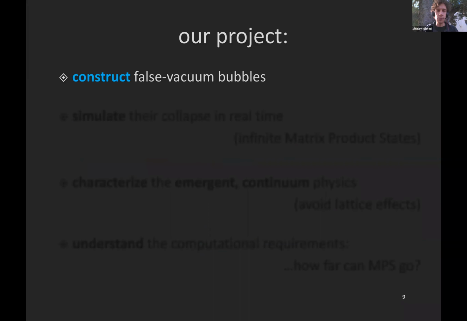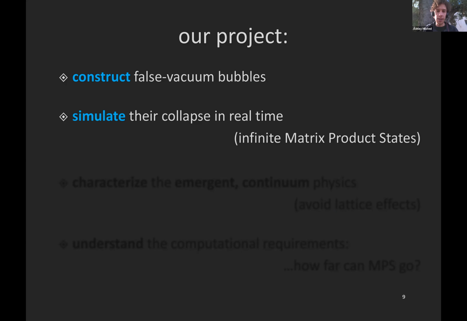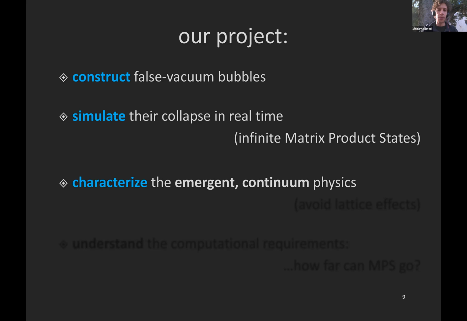So our project is to first understand how to construct good false vacuum bubble states and simulate their collapse, the collisions of these walls in real time, using infinite matrix product state methods. We want to try to characterize the emergent continuum physics near to a critical point of the spin chain.